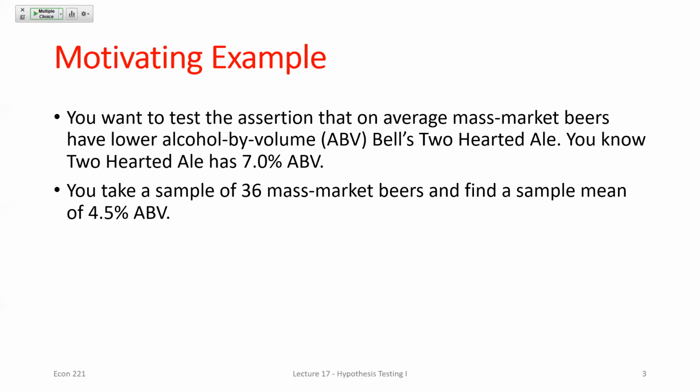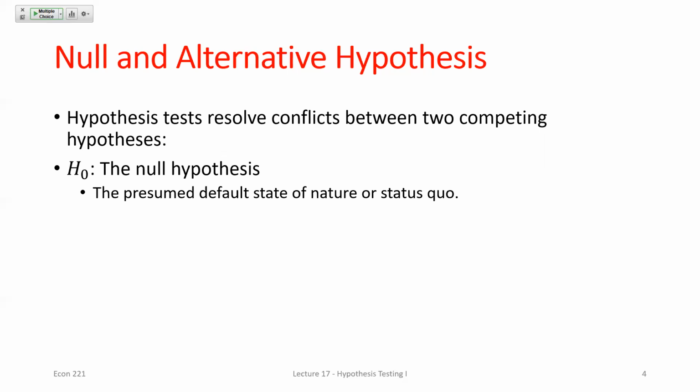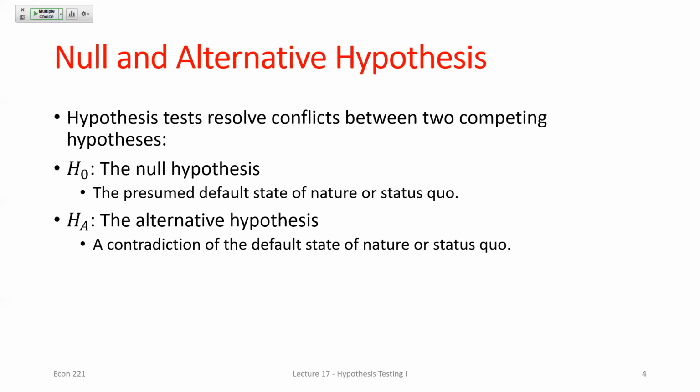So there we go. In a more general context, with these two hypotheses, the null is what I'm assuming to be true, which is going to be the opposite of whatever I'm trying to test for, which is my alternative hypothesis. We write these as H subscript 0 for the null and H subscript A for the alternative.